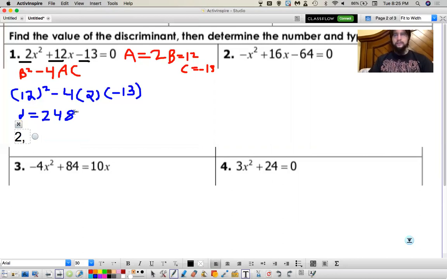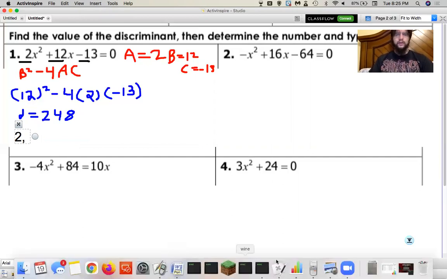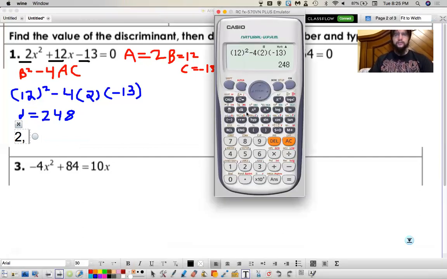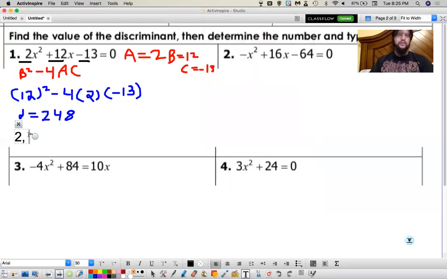It's positive, so it's not complex. It's either rational or irrational. I don't know. What's the square root of 248? My calculator does. It tells me it's not a nice square root, so it's not a perfect square because it still has a square root in there. So that would be an irrational answer.